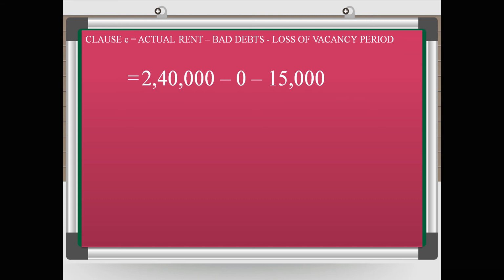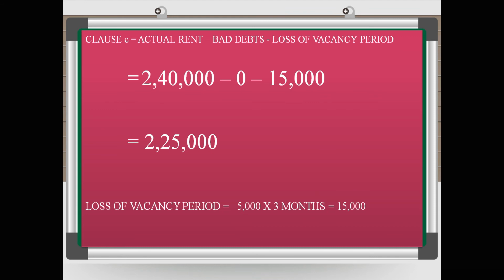Minus, there are no bad debts. Find out the loss of vacancy period, which is 15,000. How did 15,000 arise?